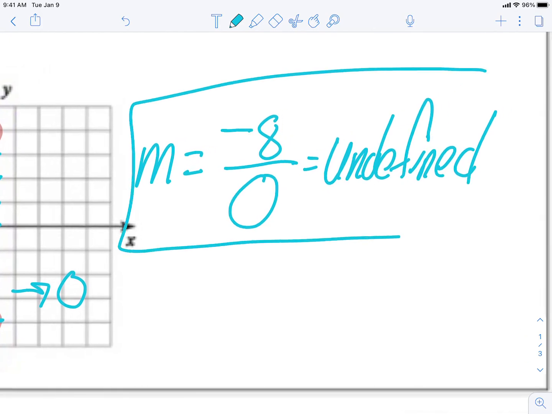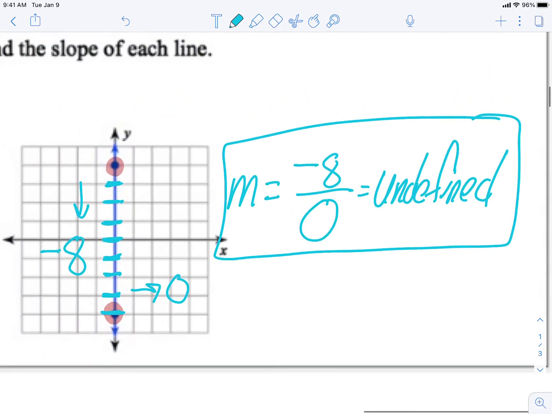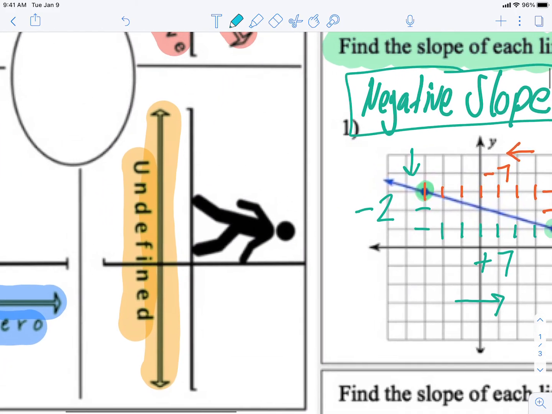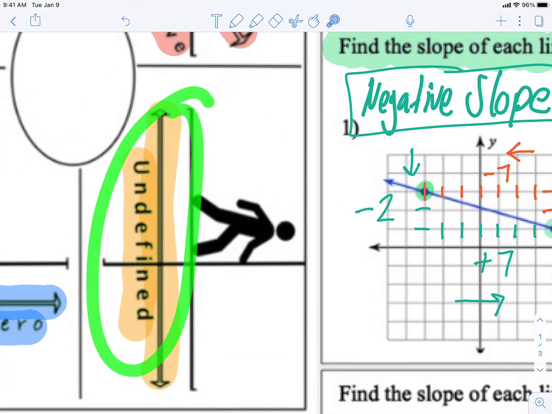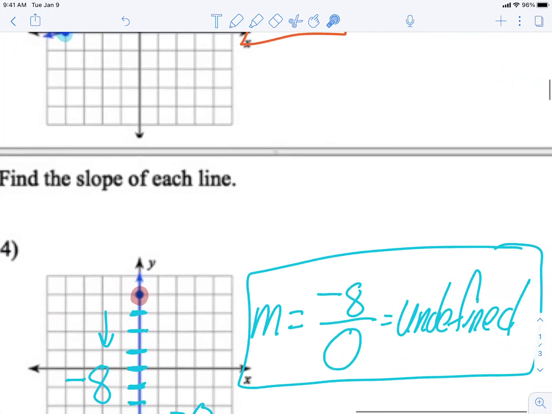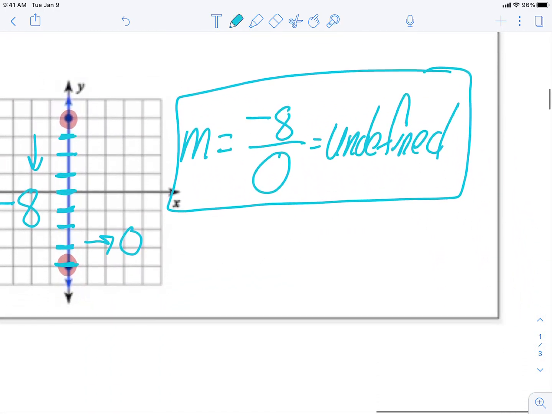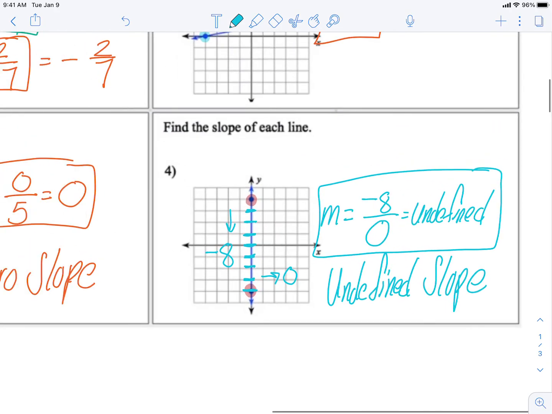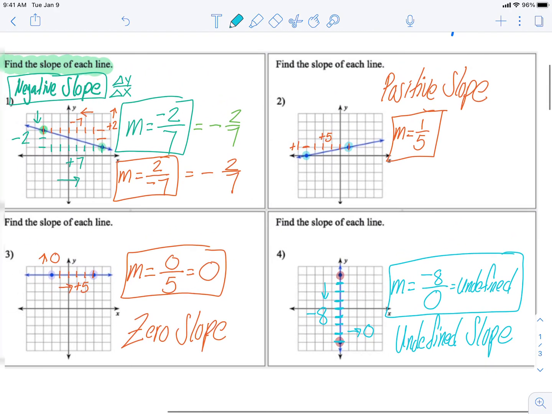Whenever you divide by 0, it is no solution or undefined, right? And what kind of slope is this? Well, this is an easy one. Look, we already called it, right? It's an undefined slope. So I'm just going to go over here and say this is an undefined slope. Look at that.